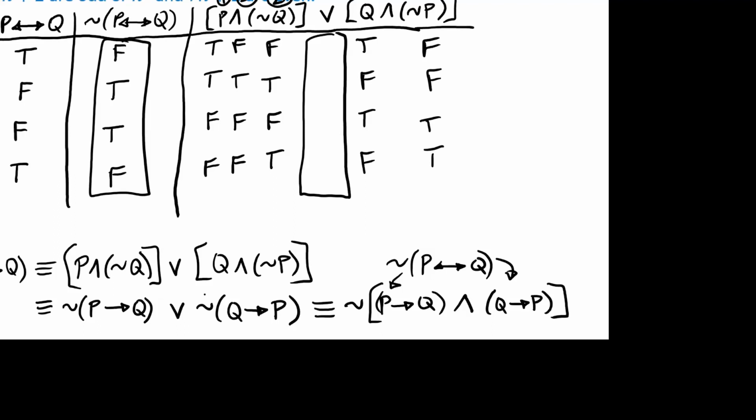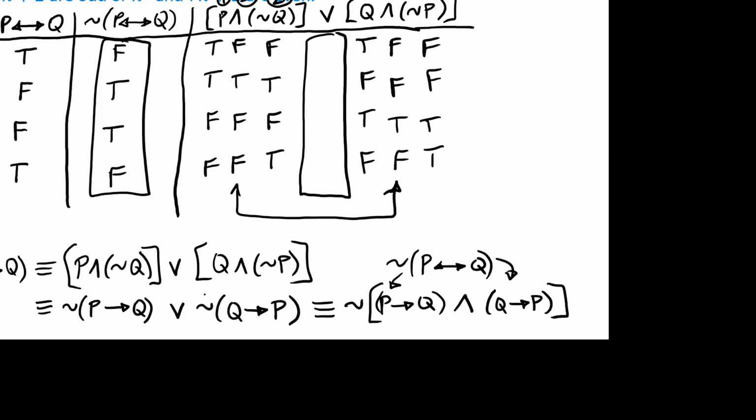Joining these using AND, false, false, true, false. So I'm now going to look at column 3 and column 6 and join them using the word or.